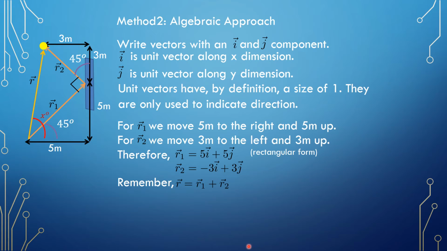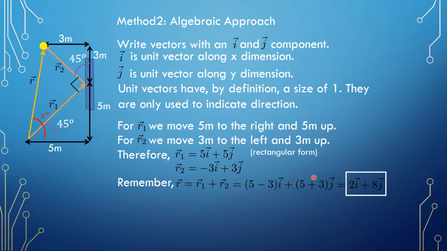And we remember that R is R1 plus R2. So now it is very easy to add these two vectors together. We just add the i components and the j components together. So we have 5 plus minus 3, or 5 minus 3, i, and we have 5 plus 3, j.